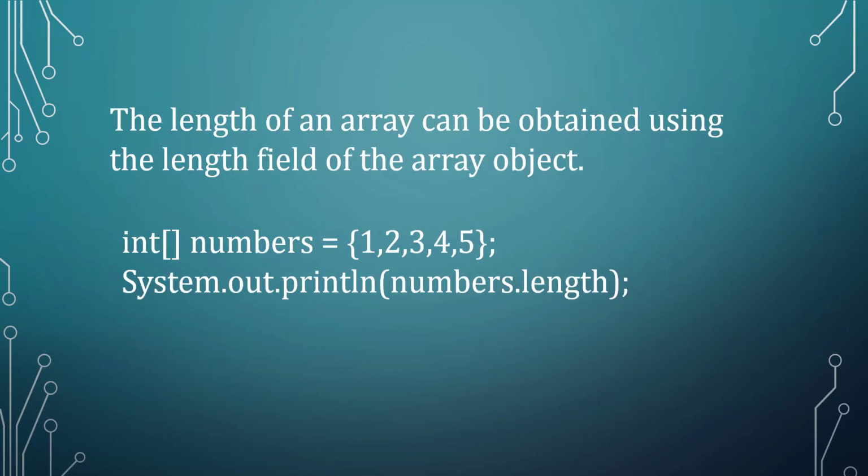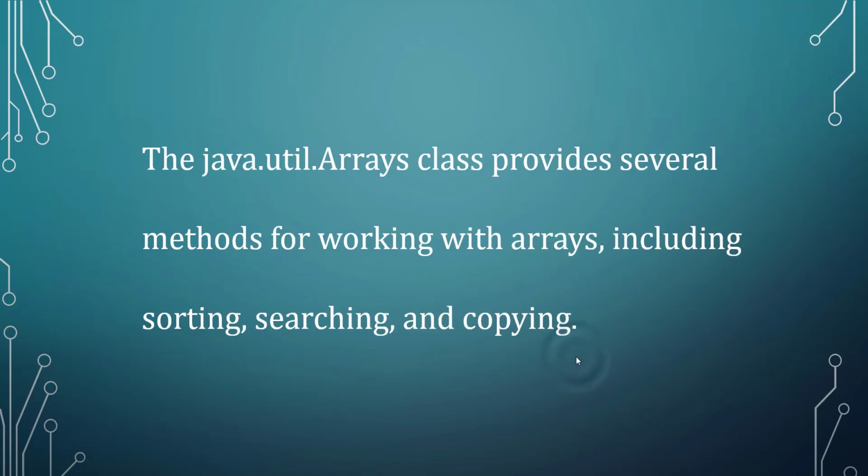The length of an array can be obtained using the length field of the array object. For example, we have int numbers, which is an array, and the length of that array can be obtained by numbers dot length. Length is the field. The java.util.Arrays class provides several methods for working with arrays, including sorting, searching, and copying.